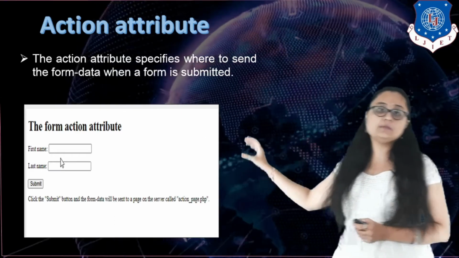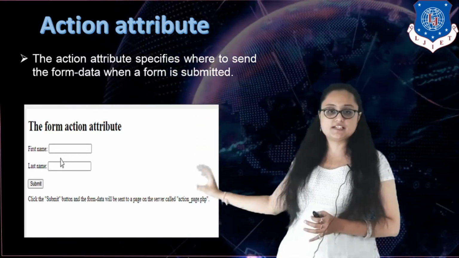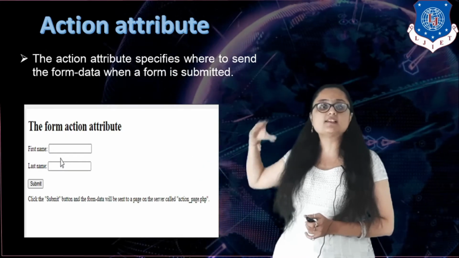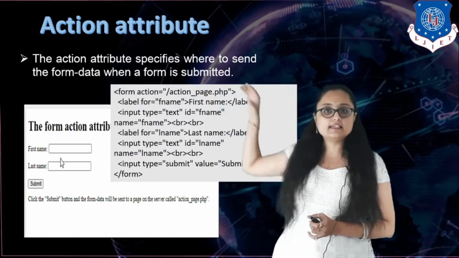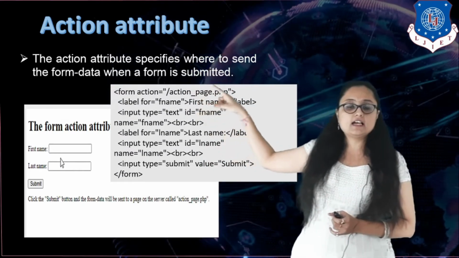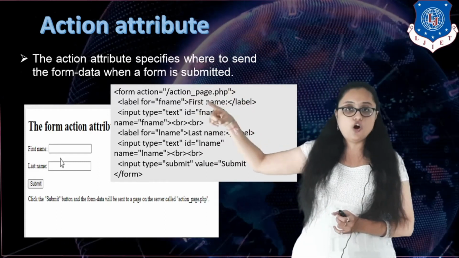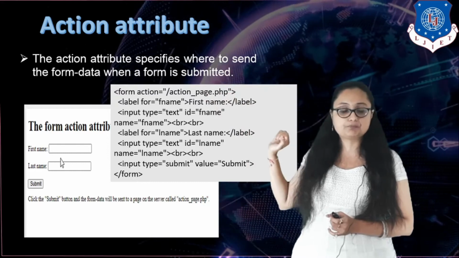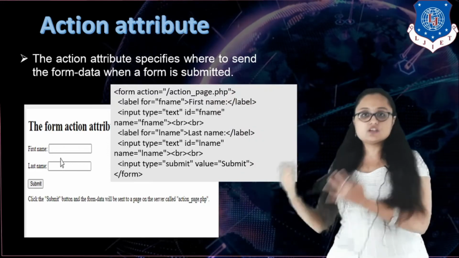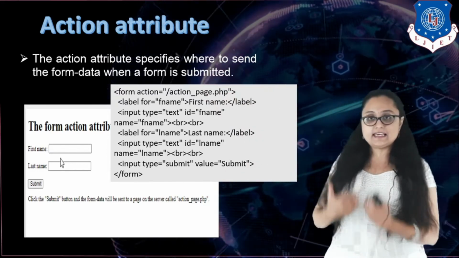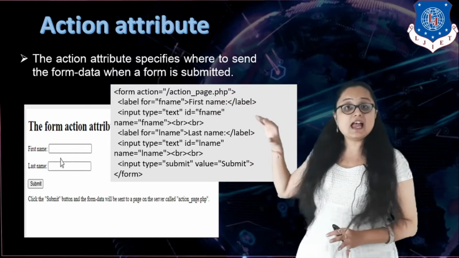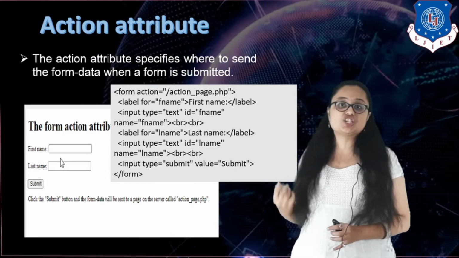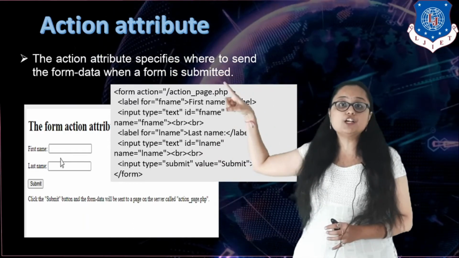So whenever I write anything in both these text boxes and click on the submit button, this data will be submitted to, yes, here you can see that I have written the action attribute: form action is equal to action underscore page dot php. So it means that the server side language which I am using for taking the data is PHP, and this input which I am taking from the HTML page is being submitted to which page?